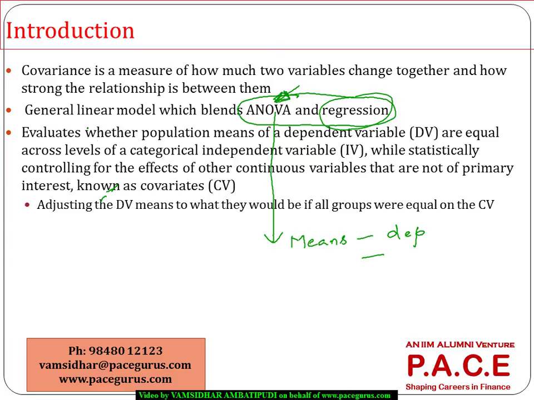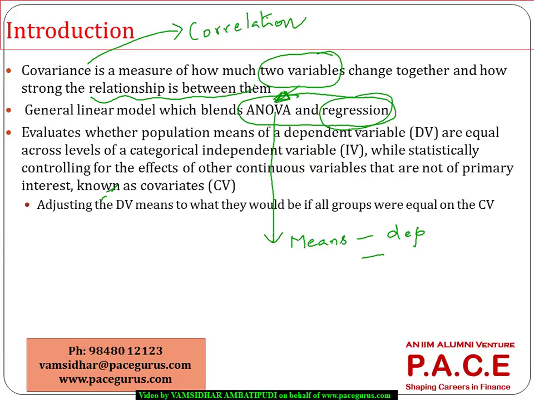Because when we define the word covariance, it is nothing but the way or the extent to which two variables change together, and probably a correlation is a byproduct of covariance. So that's where we are talking about how much of a relationship exists between the two variables, and what is the strength of that relationship.